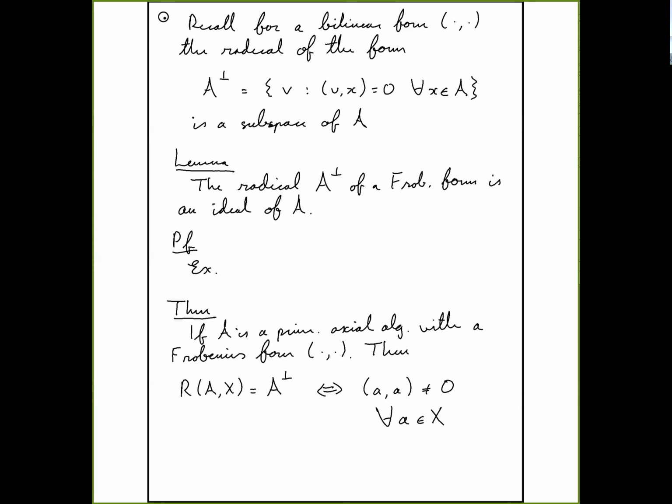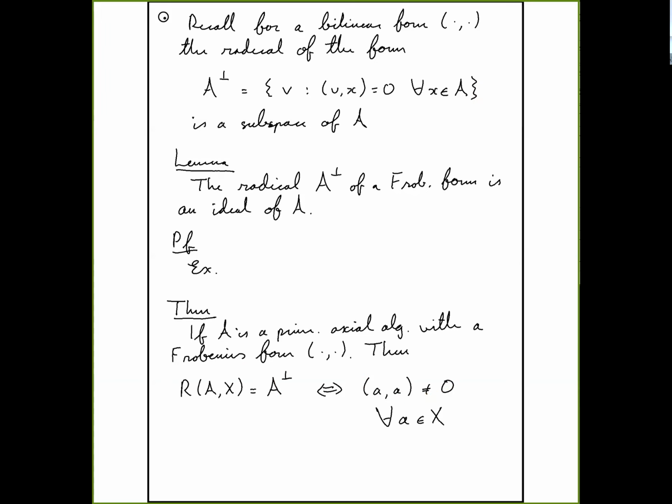I can look at, for instance, the Gram matrix of my form and look at its null space. So look at the determinant, find out if it has a radical or not, and if it does, find the null space. And that is exactly the radical. So it's a linear algebra exercise, easy to calculate and easy to check.